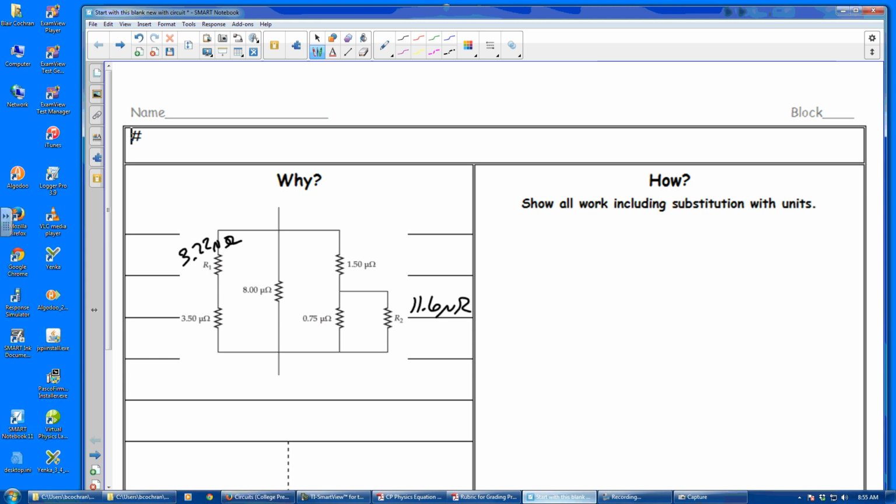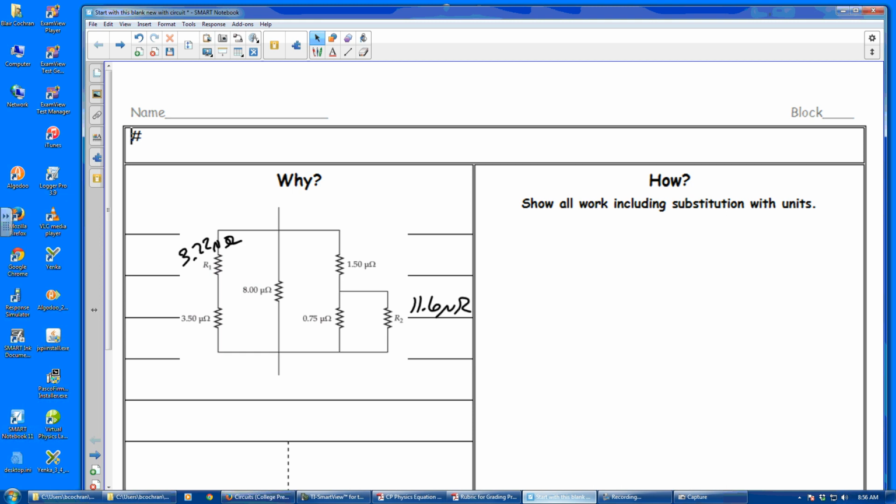Right. And so I'm looking at this now, and I can actually do two steps at the same time here. So remember, I'm looking for resistors that are strictly in series or in parallel. And I have two that are in series over here on the left-hand side. Those two are in series because there's only one path through them, so the current has to be constant through them.